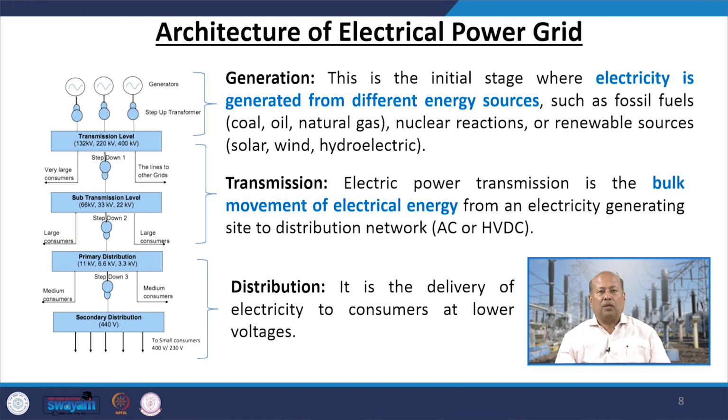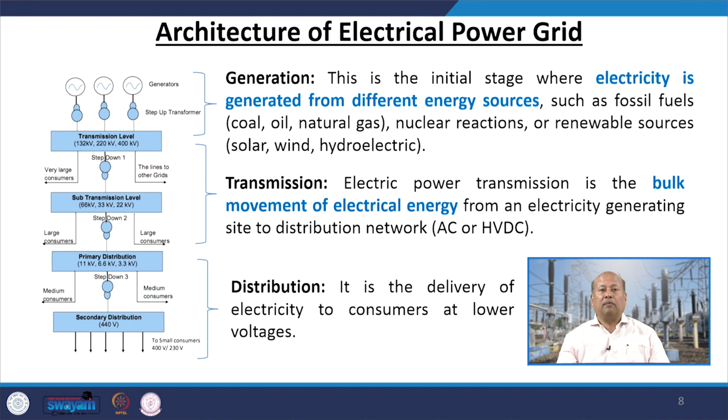Now, let us focus on the architecture of the electrical power grid. As you know, there are three major components of the electrical power grid. One is generation, the second is transmission, and the third is distribution. Generation is the initial stage where electricity is generated from different energy sources such as fossil fuels, coal, oil, natural gas power plants.